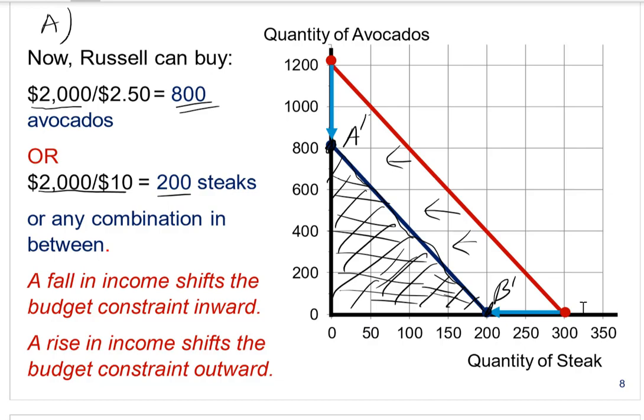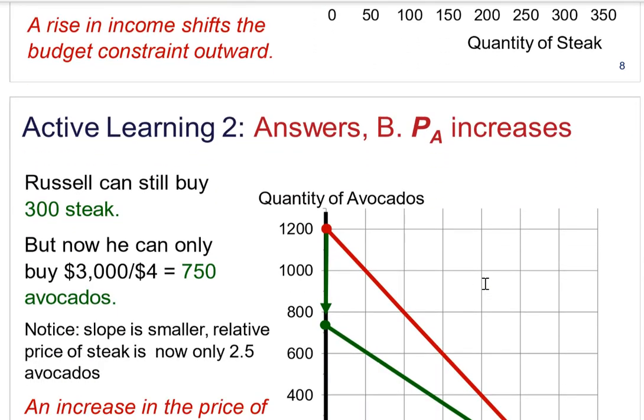And similarly, if we were to start from this small budget and Russell's income increases, then we would see the budget shift to the right, in the same fashion. So that's the idea here. Income shifts the budget line, I should say constraint line.